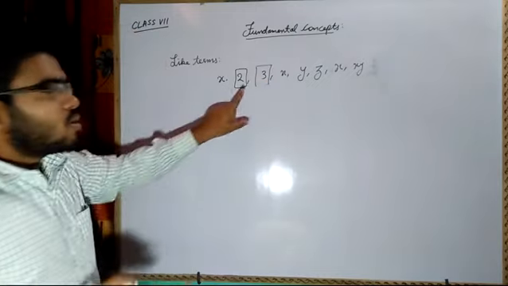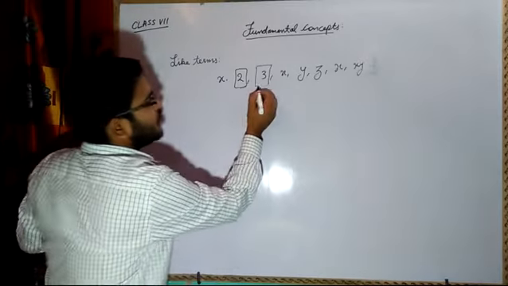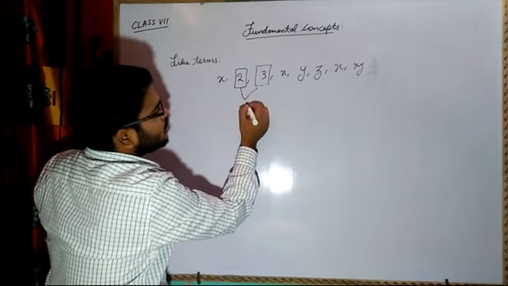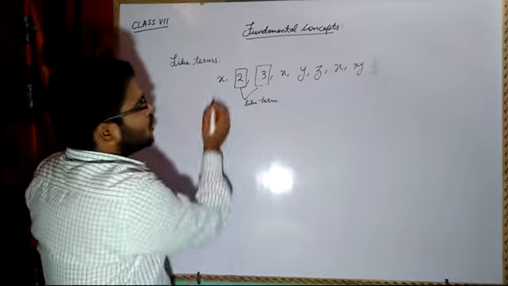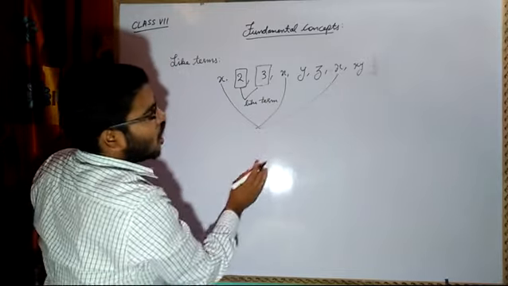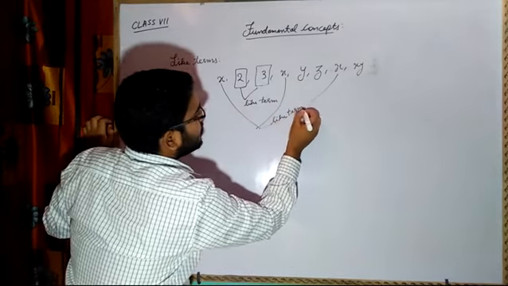Now the only constants, like this constant, free from variable. Right, now there is no variable here, so these two are called simple constants. So these two are called like terms. Okay. Now this x and this x, all these are called like terms.